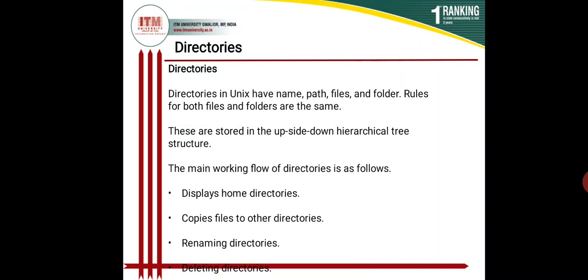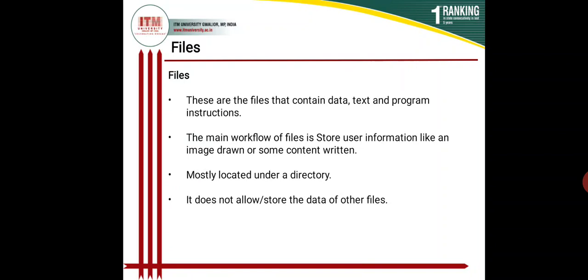The next thing is file systems. The file system is basically organized as a tree which has a root node. These files contain data, and the data may be in the form of text, or they may contain some programs or a set of instructions.